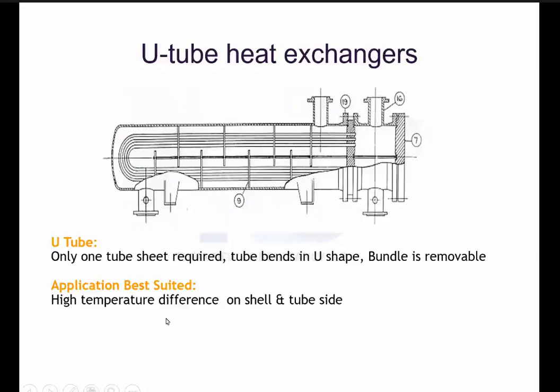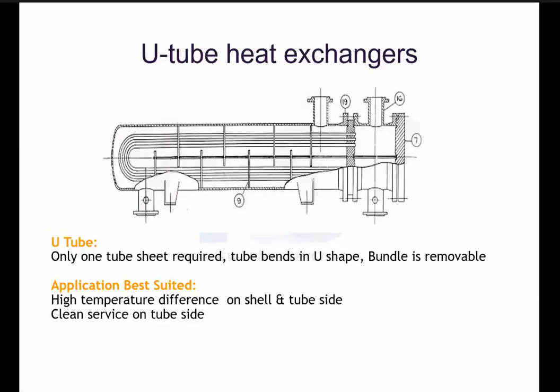It is used for high temperature differences because in the first type, if the temperature difference is more than 93, we cannot use it; if it is less than 93, we can use it. In this case, more than 93, we can use it because you have expansion. The tube can expand in the U-bend. Clear? Now, clean service. Now the problem here.